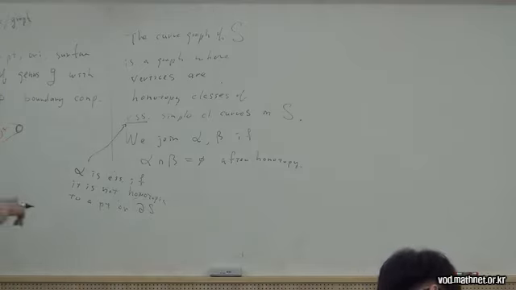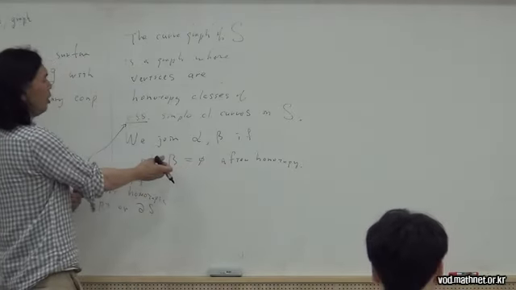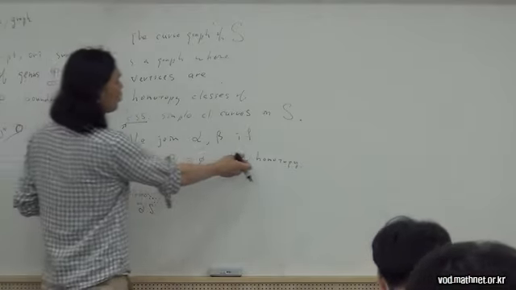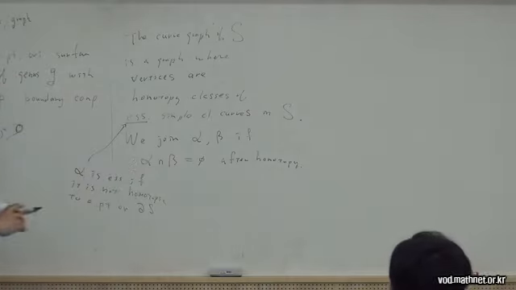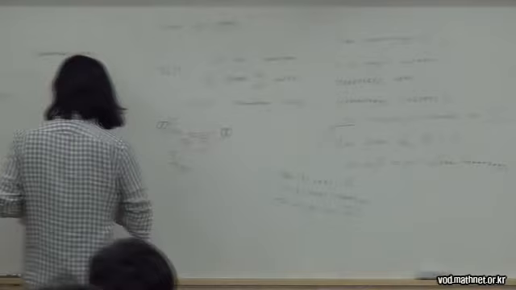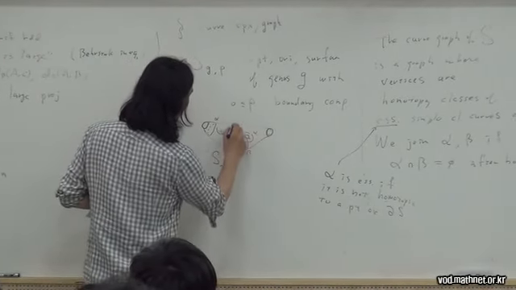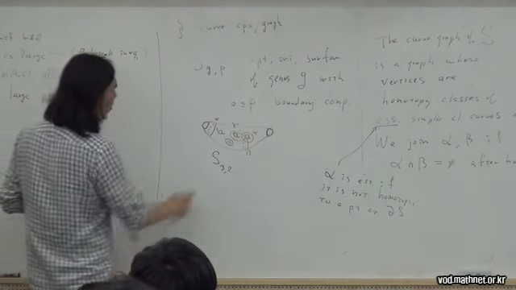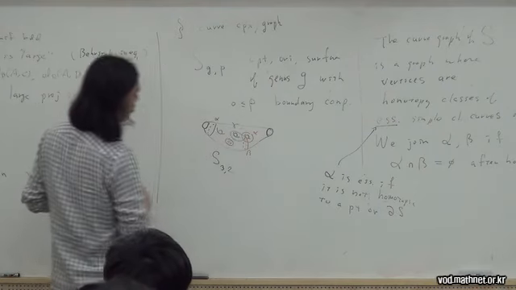All right, and when I join alpha and beta, it's if they don't intersect after homotopy. That means I homotope alpha and beta independently. For example, with this one, whatever you do, they have to intersect. But this gamma and alpha intersect in two points, and if you homotope gamma a little bit, you can make it disjoint.